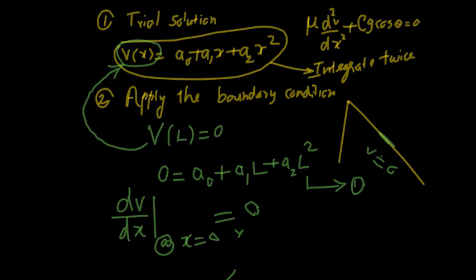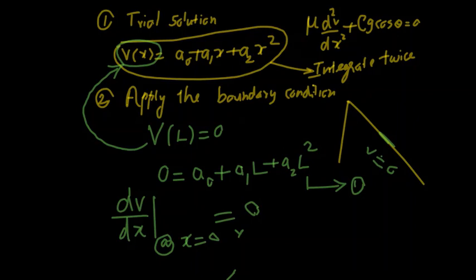What I'm going to do is look at equation number 1 and equation number 2. I get the value of a1 as 0. In equation number 1, if I put the value of a1 as 0, I can immediately get the value of a0 in terms of a2. So that is the trick that we are going to pull here.